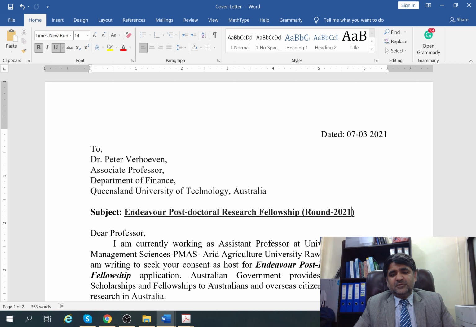That is a very important part: how we can get the interest of the professor, what we have to write him or her, and how we can get their consent to supervise your postdoc.